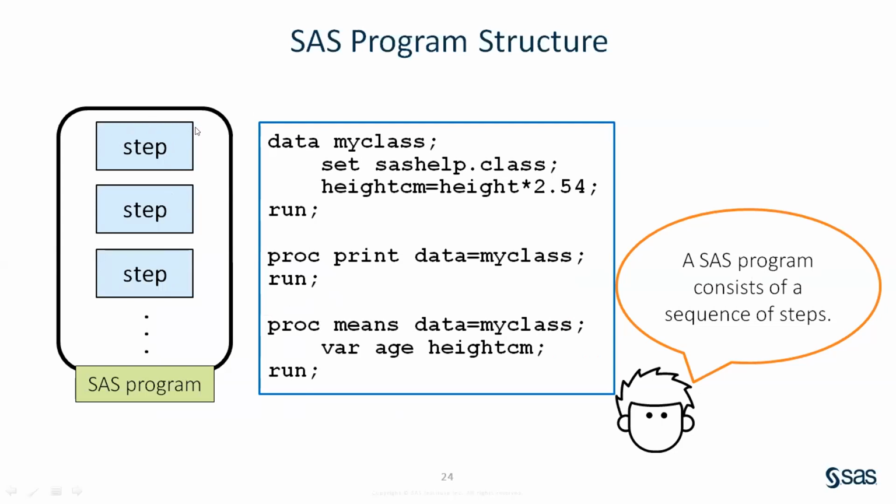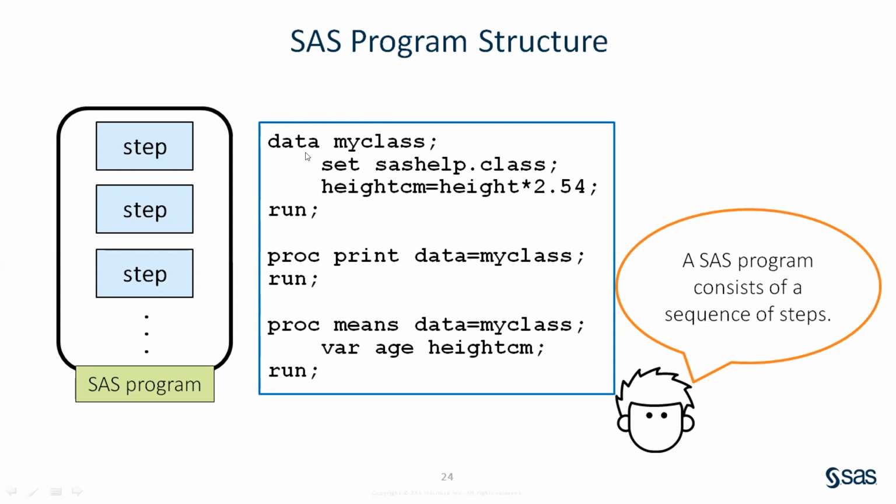All these steps comprise a SAS program, and a SAS program is nothing but a combination of data steps and proc steps. So your program will revolve around only these two steps. We'll be writing only two steps during our programming, which are a data step and a proc step.